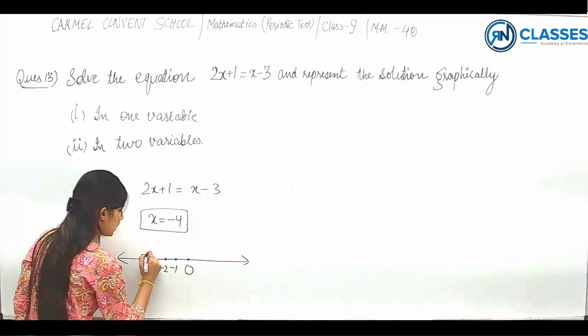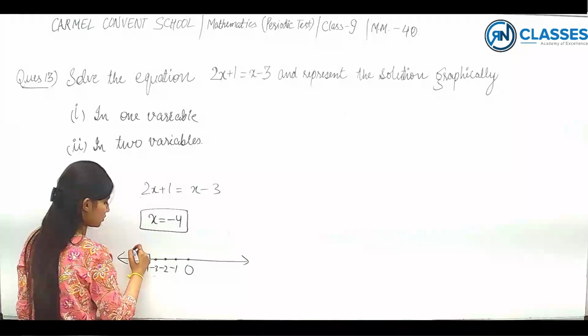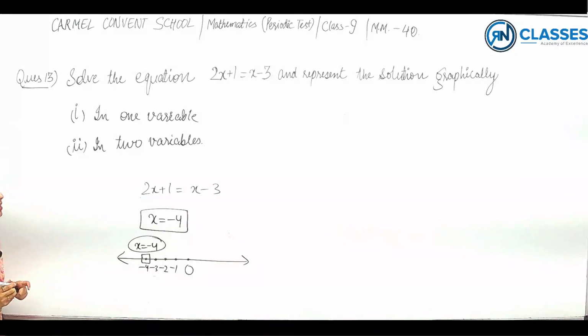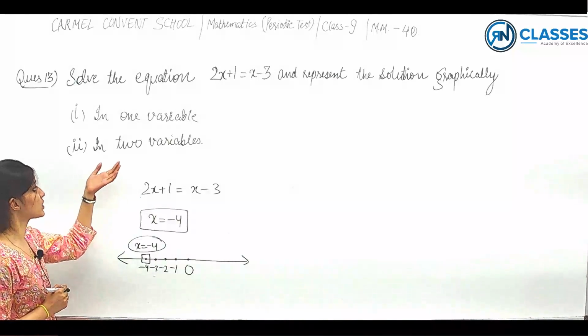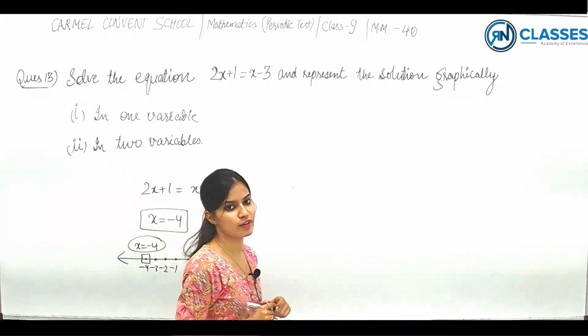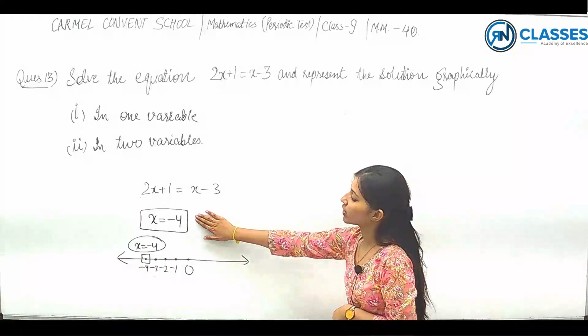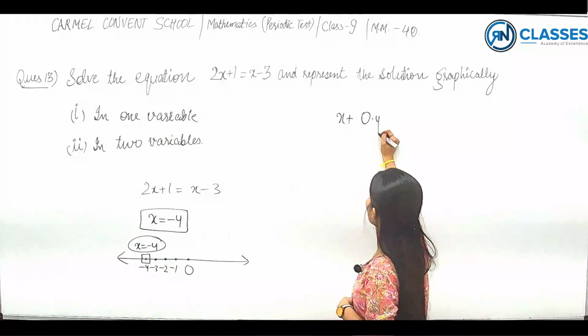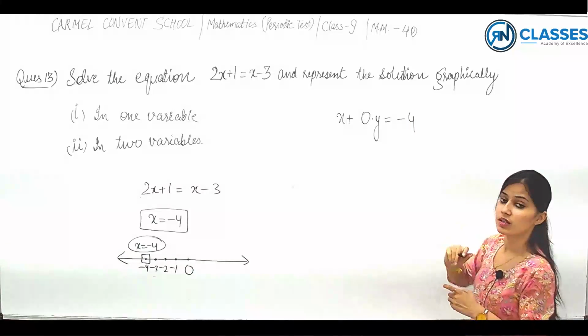So x is equal to minus 4. This is our solution. Now in order to represent it in two variables, we need a linear equation in two variables. Right? So we know this can be written as x plus 0 into y is equal to minus 4.